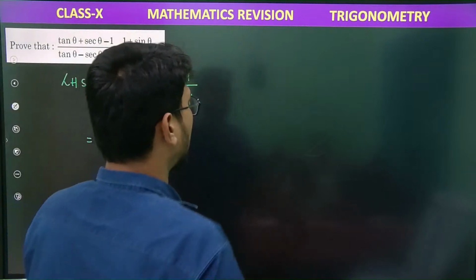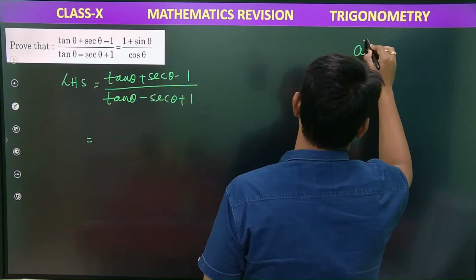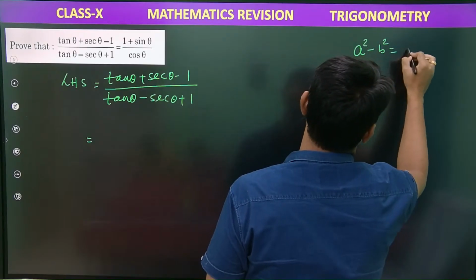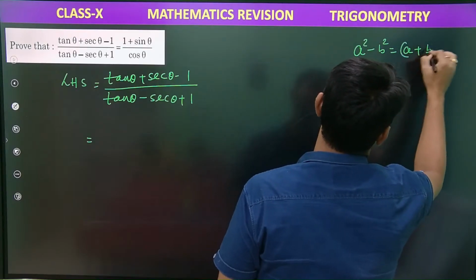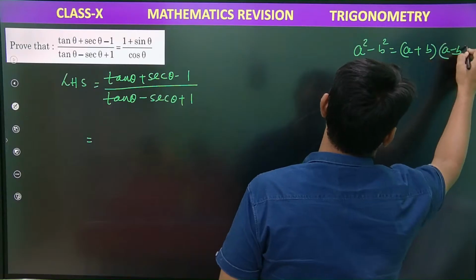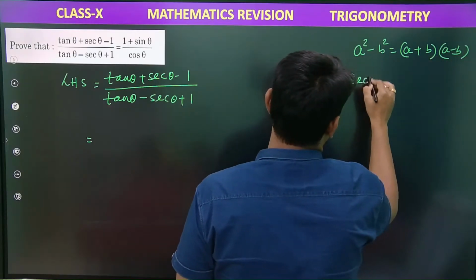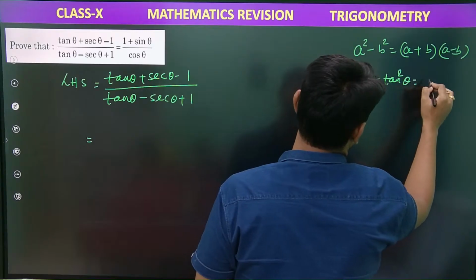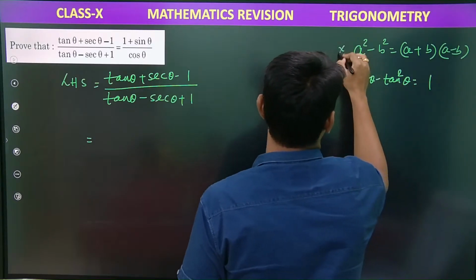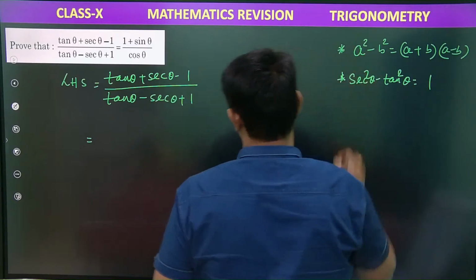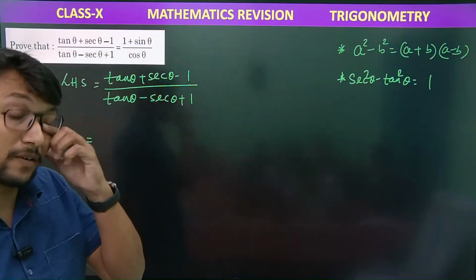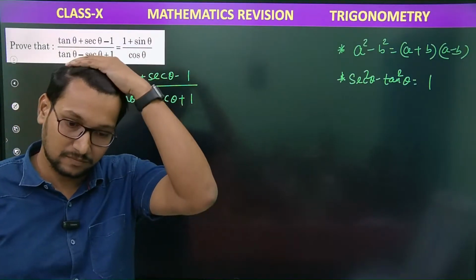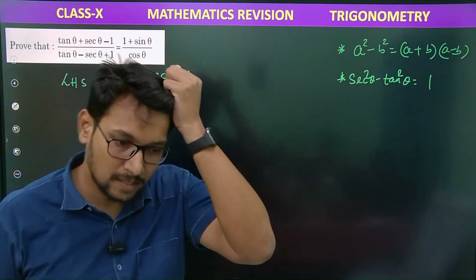Do you know the a square minus b square formula? A square minus b square is (a plus b) into (a minus b). You have to use it here, as well as sec square theta minus tan square theta, which is 1. You have to use these two while solving, just remember. Is that possible?